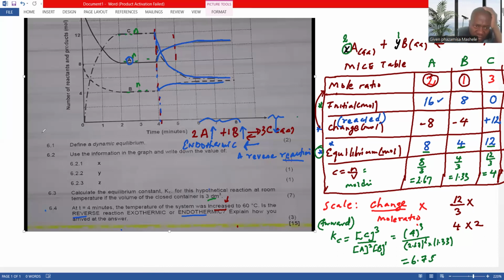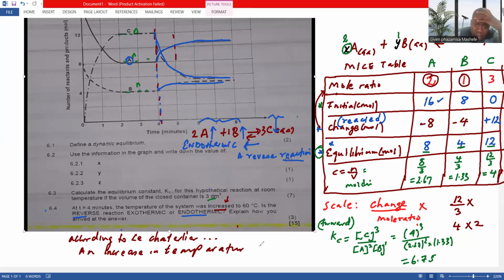So first of all, we're going to say, according to Le Chatelier's principle, an increase in temperature favors the endothermic reaction. Number one, you must write this all the time.